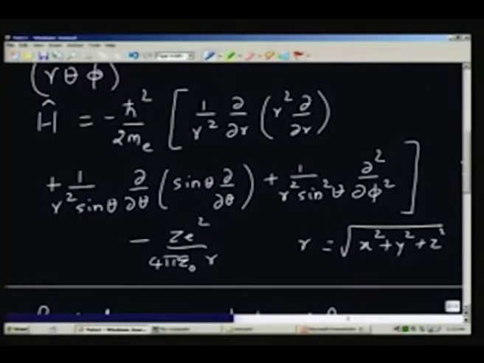Now, even though the hydrogen atom equation that you have here, the Hamiltonian that you have here, looks far more complicated in terms of the derivatives appearing in all places like this, the nice thing about this representation is that this can be separated into an R dependent equation only, a theta dependent equation only, and a phi dependent equation only.